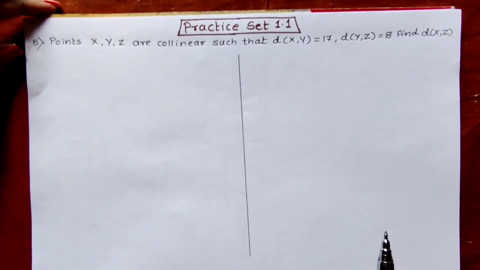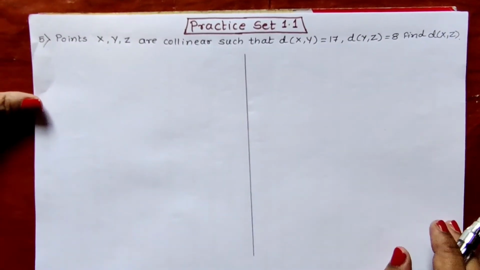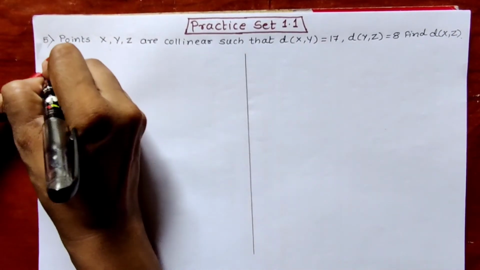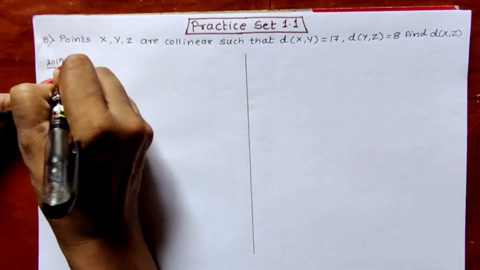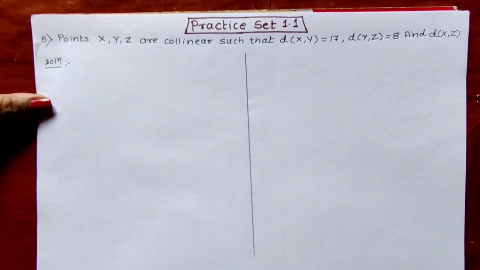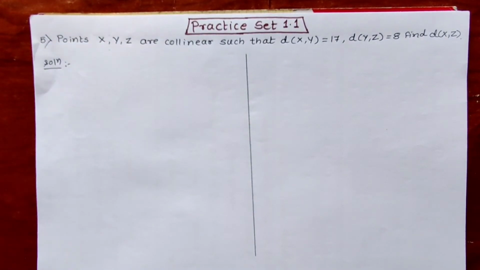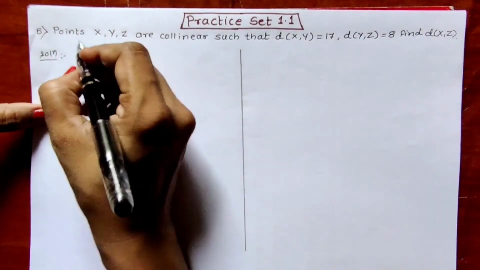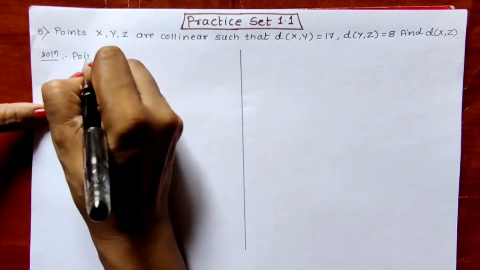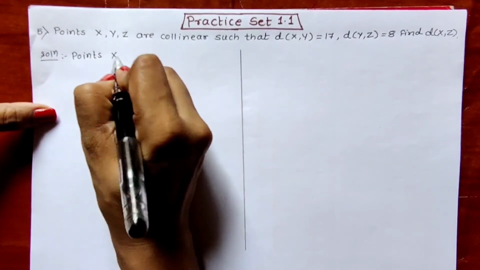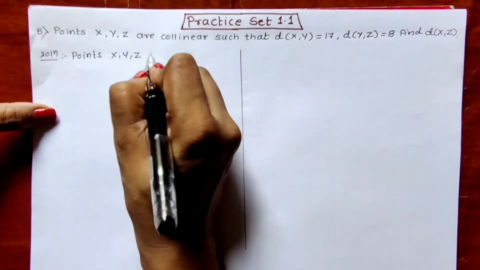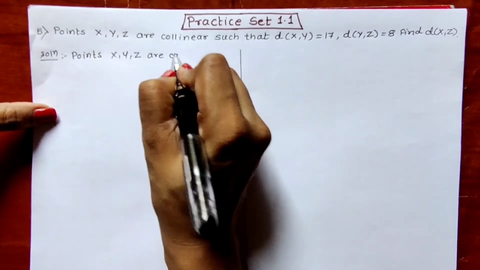So we start our solution. We write points X, Y, Z are collinear.